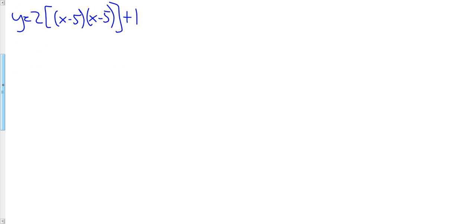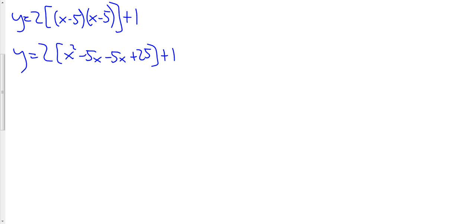So y is equal to 2 times, I'm going to multiply my first, so x times x gives me x squared. X times negative 5 gives me negative 5x. Negative 5 times x gives me another negative 5x. And negative 5 times negative 5 gives me positive 25. I still haven't done anything with that plus 1, so I need to carry it down.